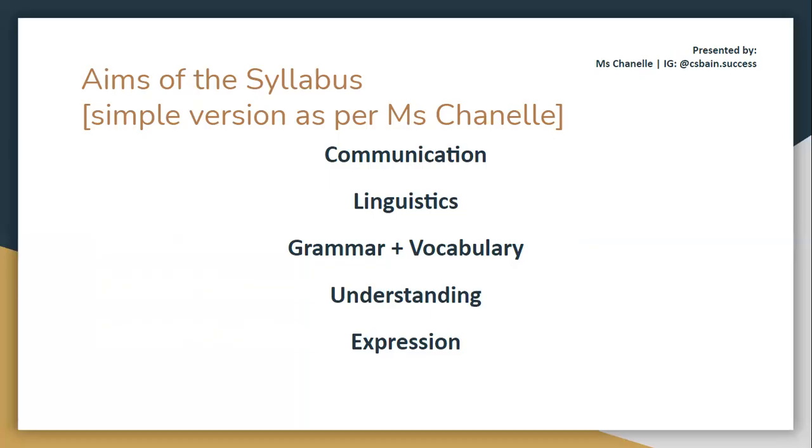Expression, the way it's used for the syllabus for communication studies, is basically your language. It would have been called language in English A, and it's how well you write. Now, how well you write doesn't mean you're a world-published writer, doesn't mean that you're using all the words in the world, doesn't mean that you're using the biggest words in the world. It means using the right word at the right time in the most appropriate and effective way. That's what good expression is.